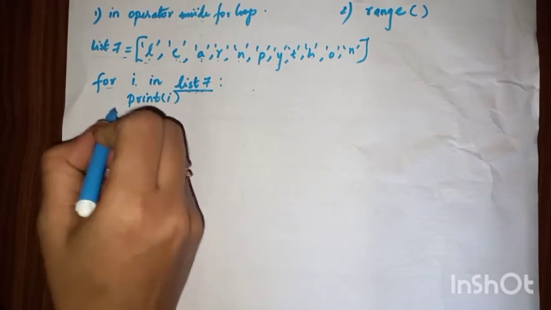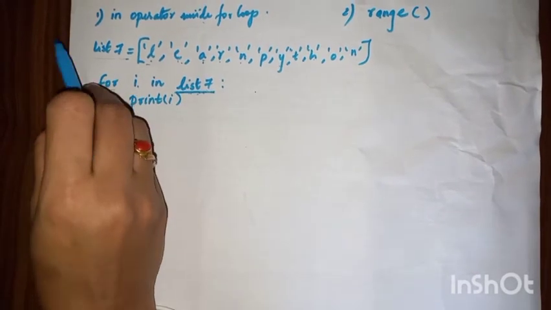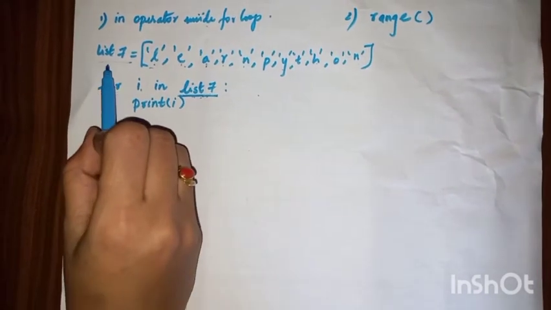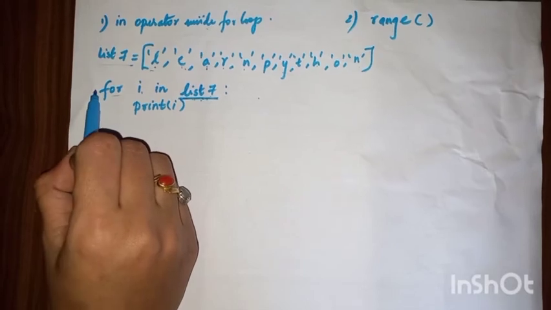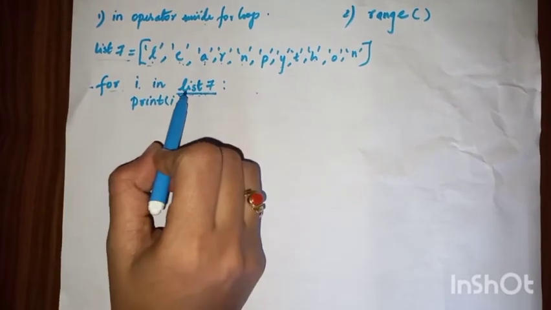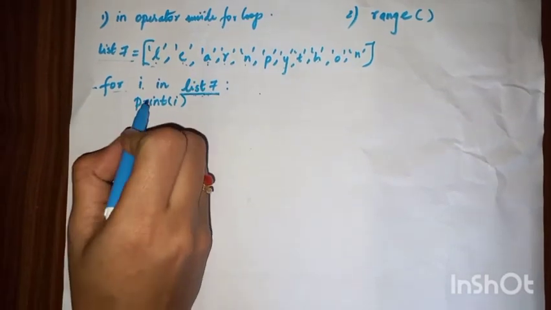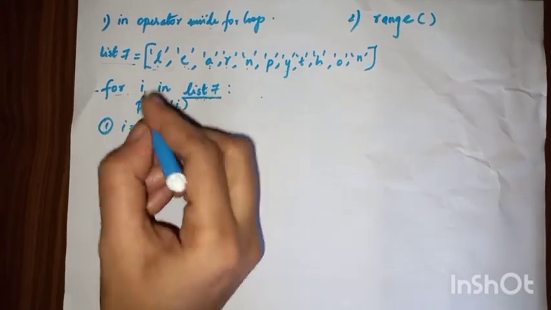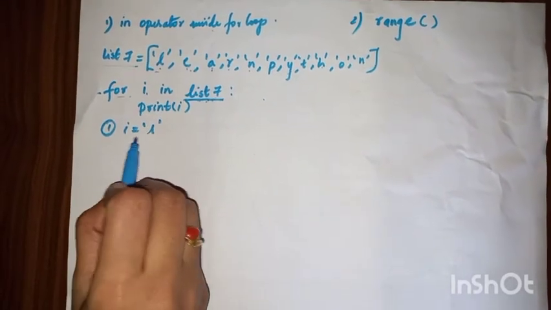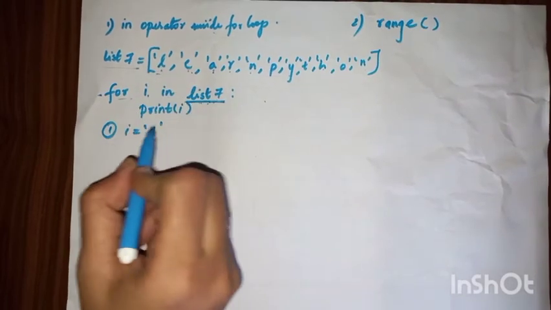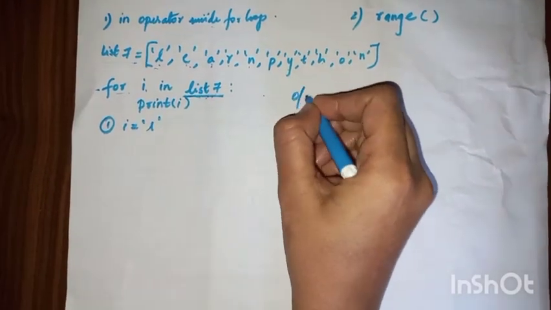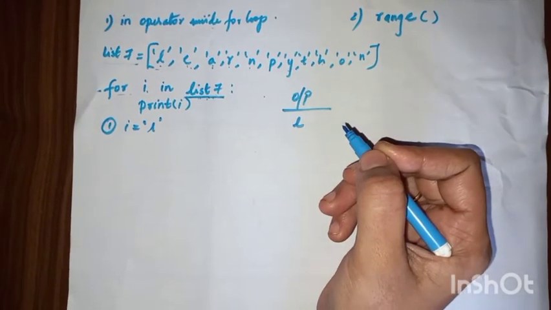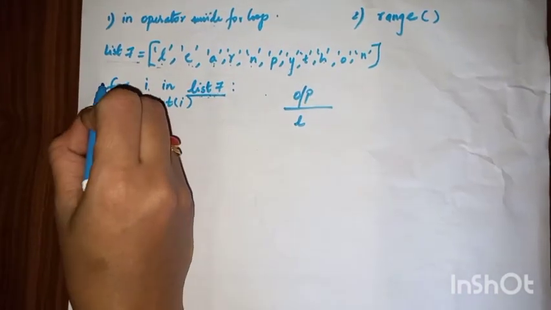When the program starts executing, it executes the first statement, then control goes to the next statement, that is the for loop. For I in list 7, print I. In the first iteration, I is equal to L. Print I will print the value of I as L in the output. Then the for loop will iterate again.